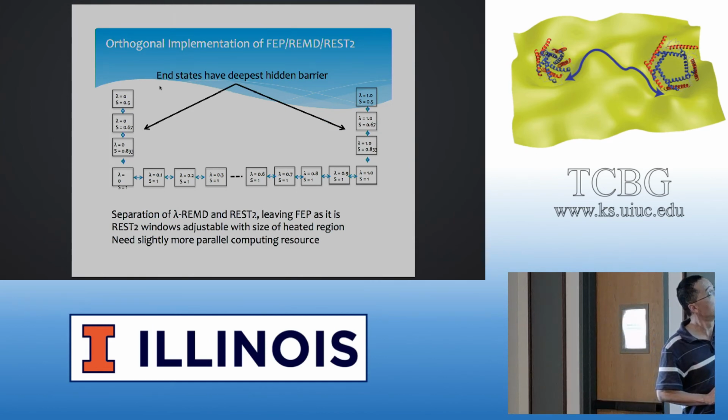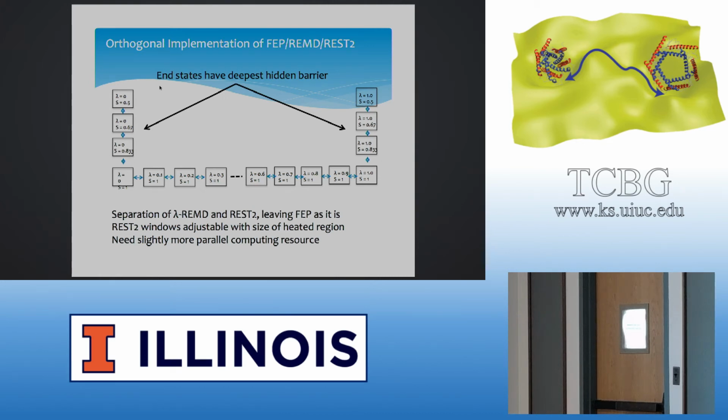Now let me introduce more application. This is our REST2 implementation in NAMD. We apply REST2 orthogonal to the thermodynamic axis. Why orthogonal? Along the thermodynamic axis, we don't see any REST2 biasing. After the simulation is done, we only post-process the thermodynamic axis windows; the REST2 windows we just discard because they are totally biased.